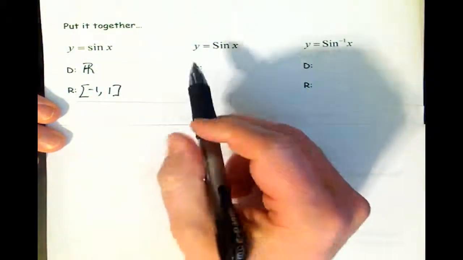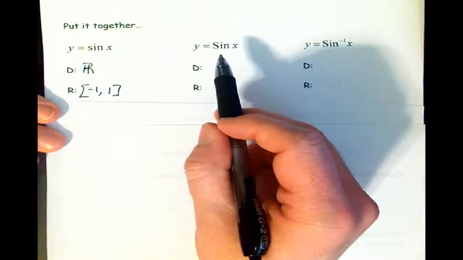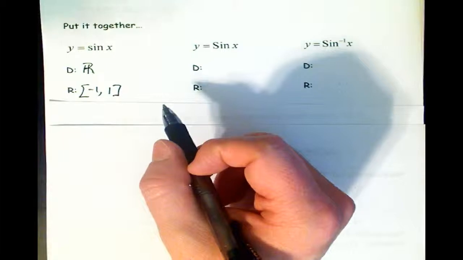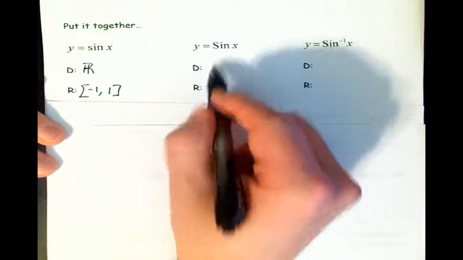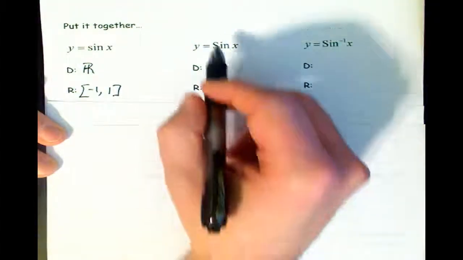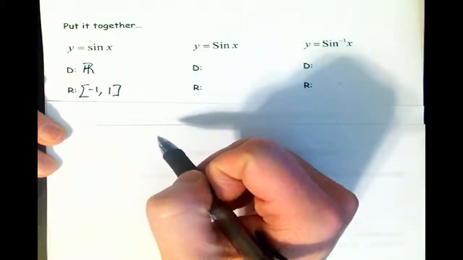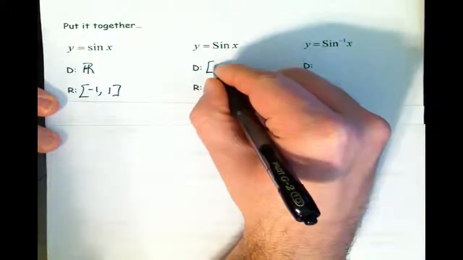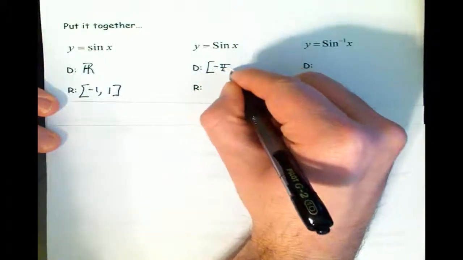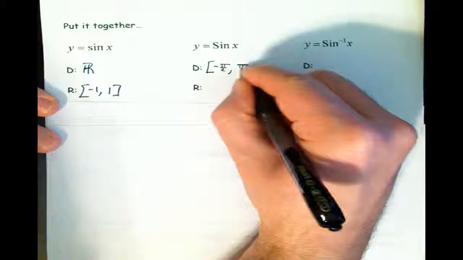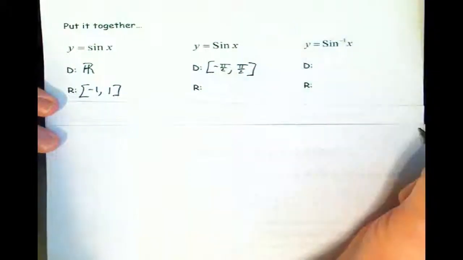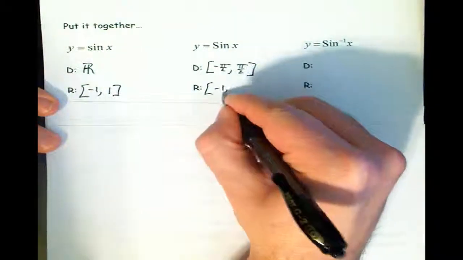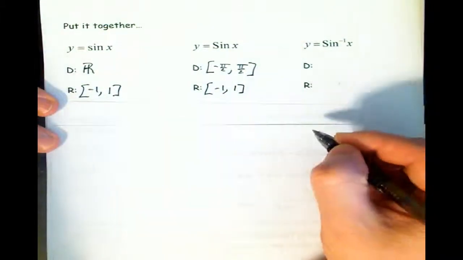Okay, the restricted version, remember the capital S and lowercase s is just for us to symbolize that this is the restriction, and you can even write restricted up here, so you remember. So the domain is from -π/2 to π/2, and the range is the same, -1 to 1. That didn't change.